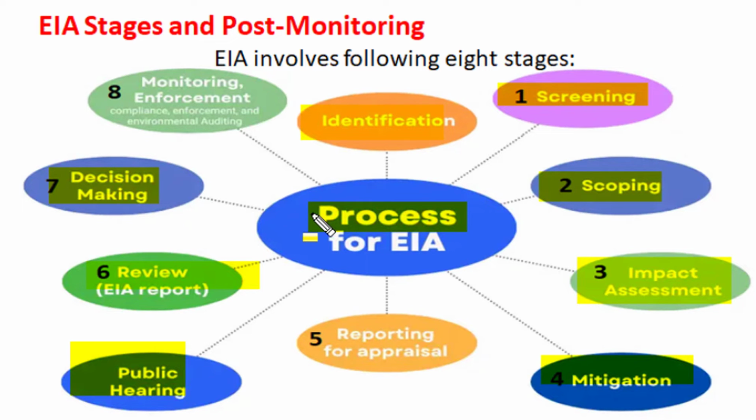And when the project is executed, the compliance, enforcement of environmental act and environmental auditing is done in the monitoring and enforcement stage. So it's an 8-stage process of screening, scoping, impact assessment, mitigation, report preparation, review, decision making and monitoring.